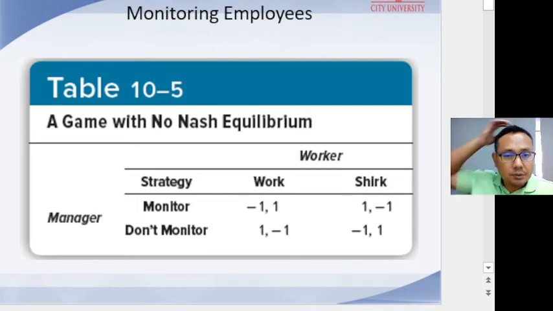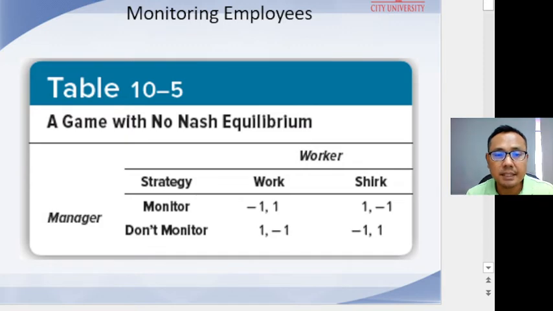So game theory can also be used to analyze interaction between workers and managers. In chapter 6, we discussed the principal agent problem, and argued that there can be conflicting goals between workers and managers. Managers desire workers to work hard while workers enjoy leisure.